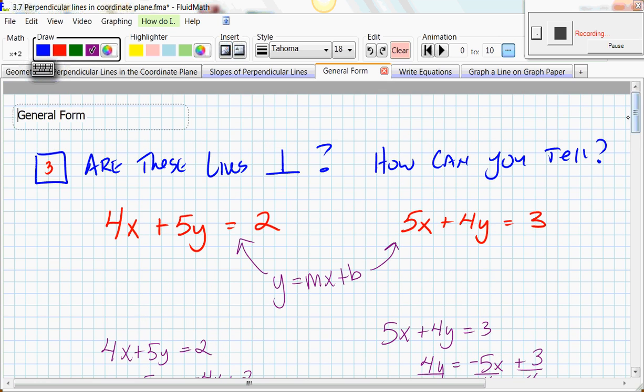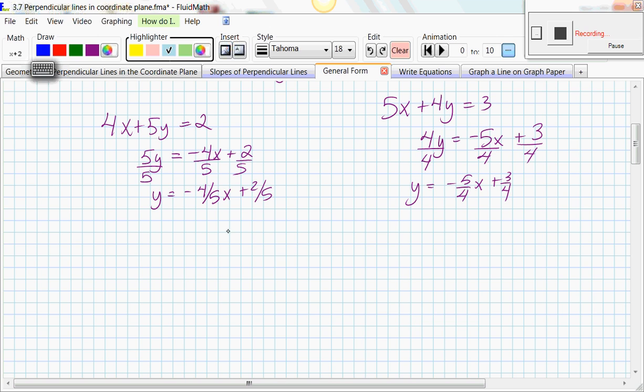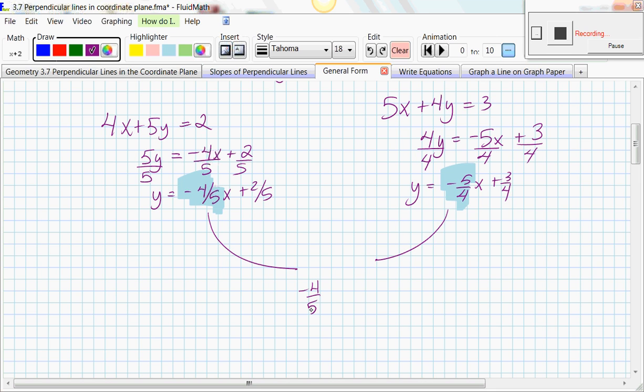And then the question says, are these lines perpendicular? How can you tell? So I have to look at their slopes. The slope of this line is negative 4/5. The slope of this line is negative 5/4. If I take those two slopes and multiply them together, negative 4/5 times negative 5/4, I get negative 4 times negative 5, which is a positive 20, divided by 5 times 4, which is a positive 20, which is a positive 1.